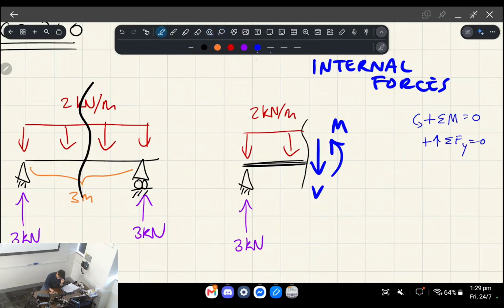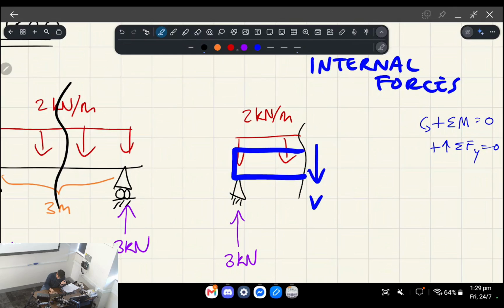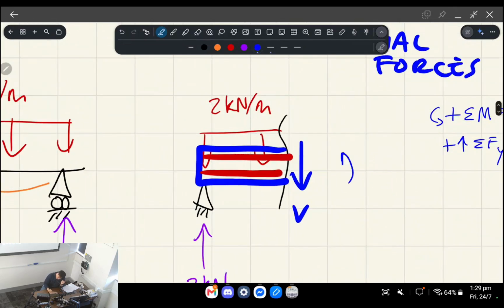Okay, now one trick that we can do, right? If I draw the beam's actual thickness, the depth, like so, instead of the bending moment the way that we see it here, imagine instead that I drew the steel, the compression and tensile steel, and that internal moment can be turned into a force moment couple, okay?